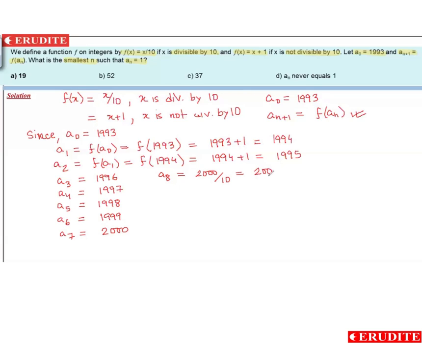Again 200 is divisible by 10. So a9 would be 200 by 10, which will be equal to 20. Again 20 is divisible by 10, so a10 will be 20 by 10, which will be equal to 2. So till a10 we got the value as 2.